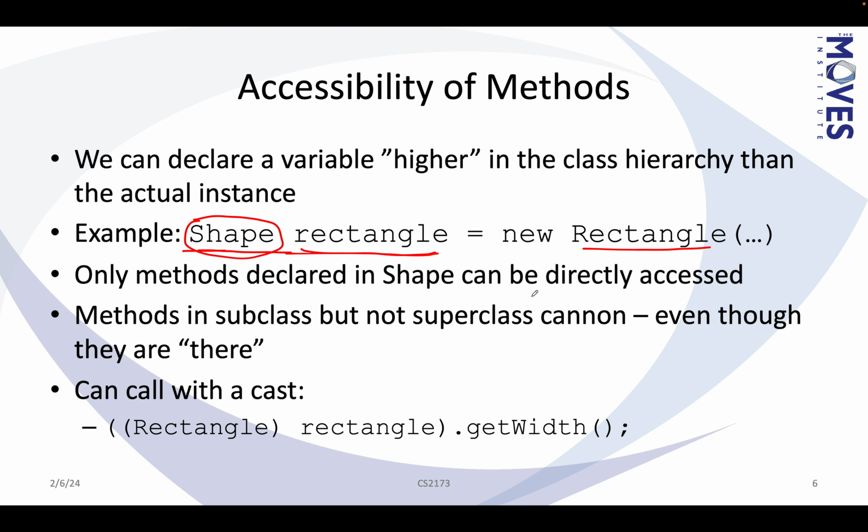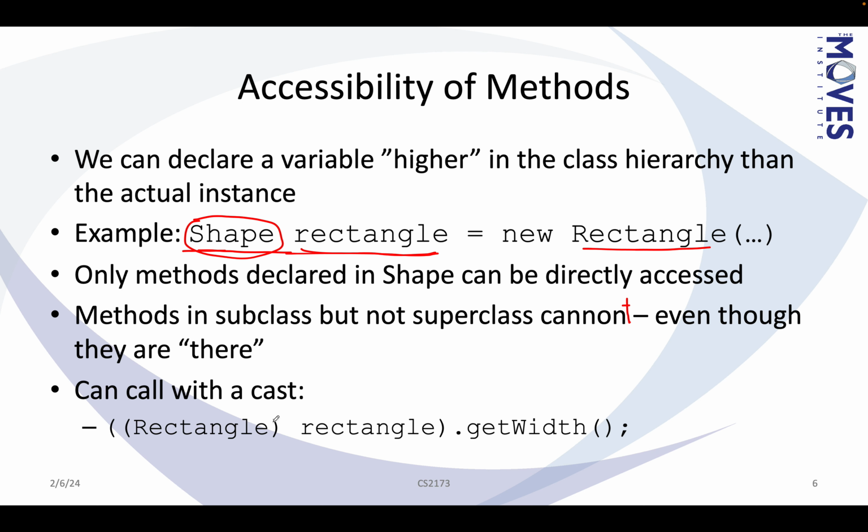Now, the thing is that if I instantiate a rectangle and assign it to this variable, those methods are there. They are there, but I just can't see them directly.